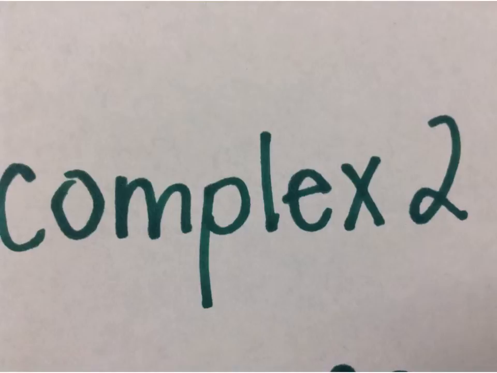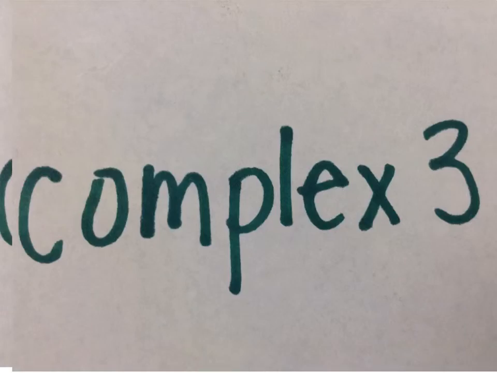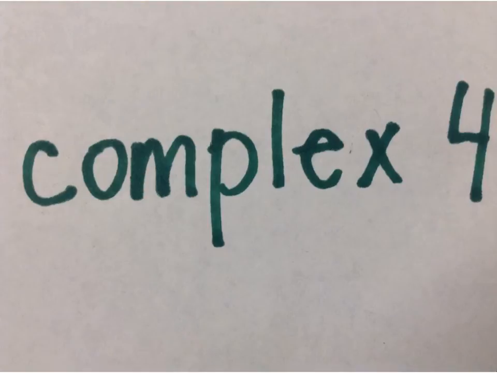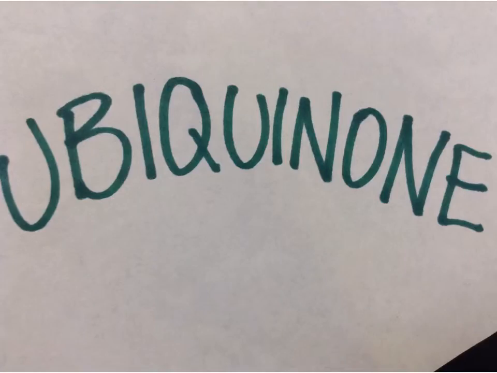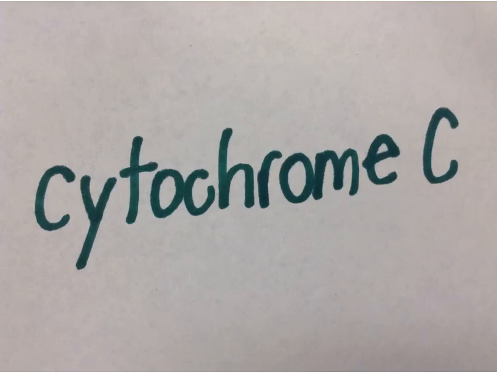The second component is complex 2, succinate dehydrogenase. Third component is complex 3, which is cytochrome B, which is the C1 complex. Fourth component is complex 4, cytochrome oxidase. Then, of course, fifth component is oxygen. Sixth component is ubiquinone. And the final 7th component is cytochrome C.